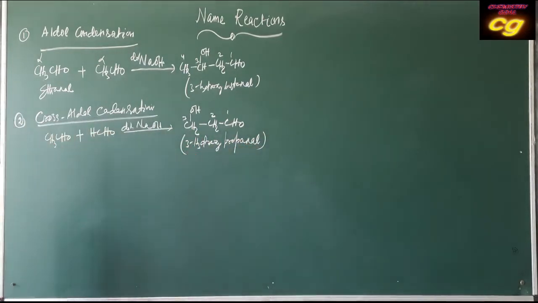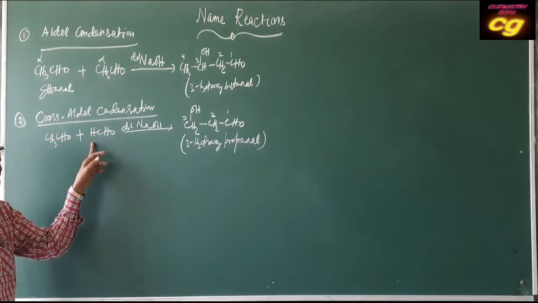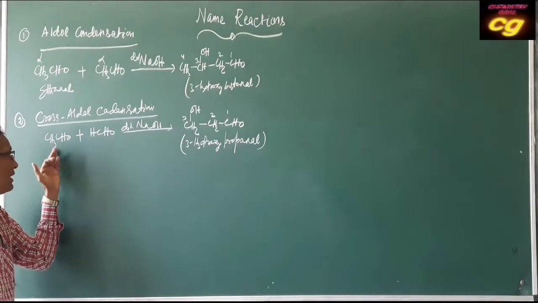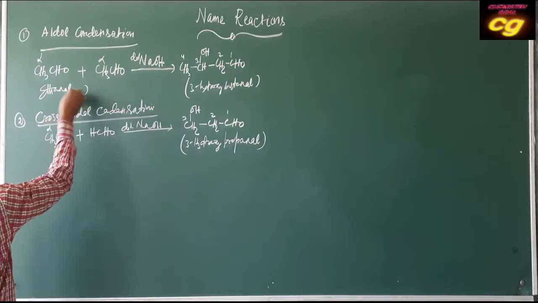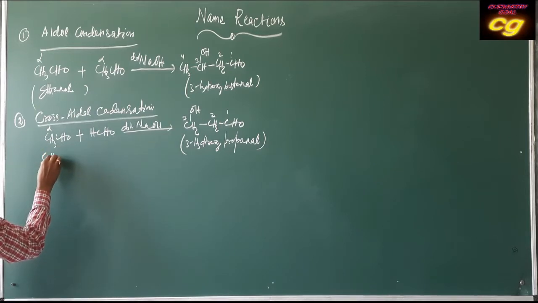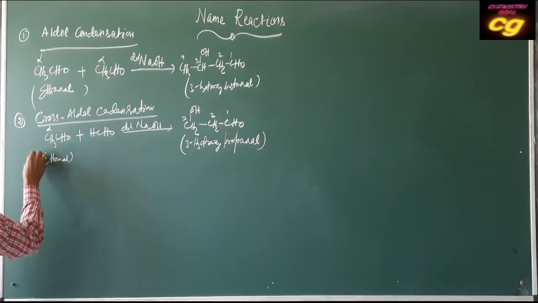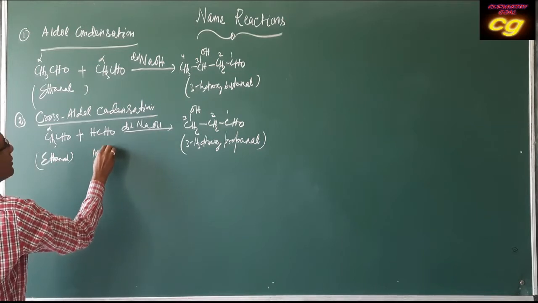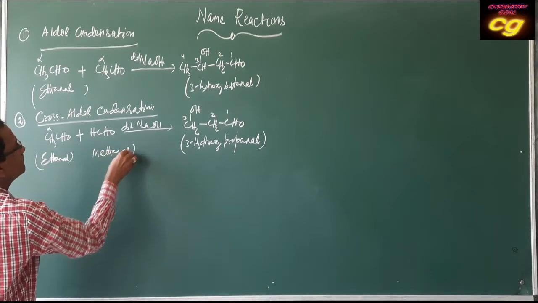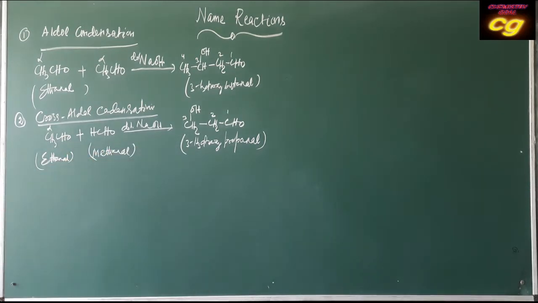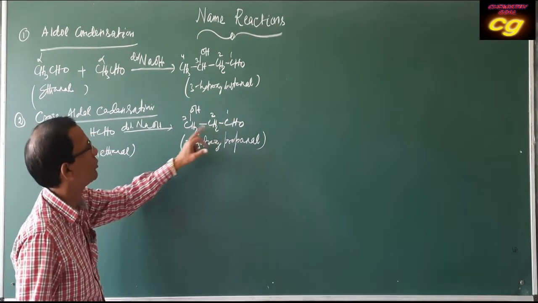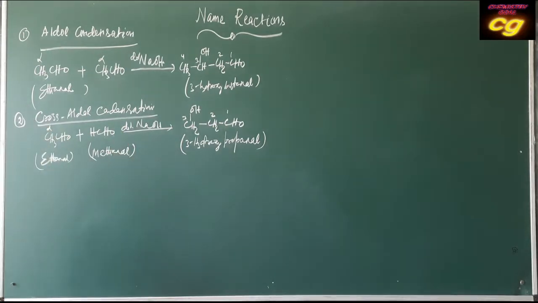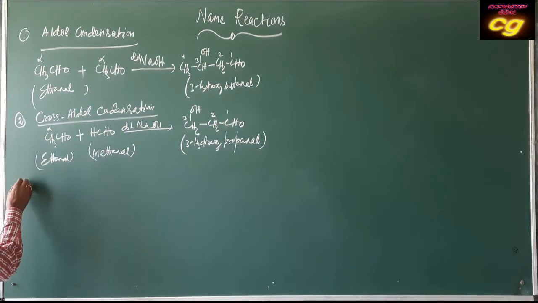Here it is a cross aldol condensation because different aldehydes combined, one having alpha hydrogen atom, the other having no alpha hydrogen. This is the combination of ethanal with methanal, that is formaldehyde, forming 3-hydroxypropanal. Here 2 carbons and 1 carbon combined, producing 3 carbons. This is called cross aldol condensation.